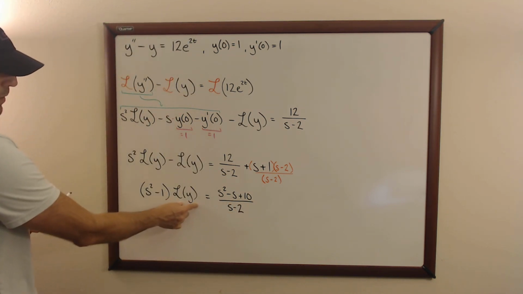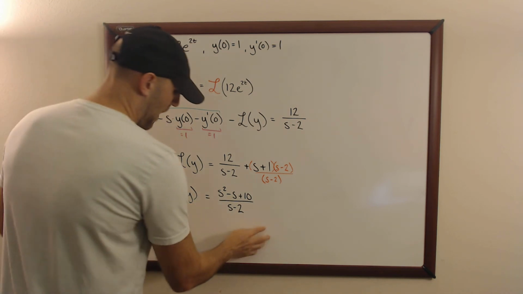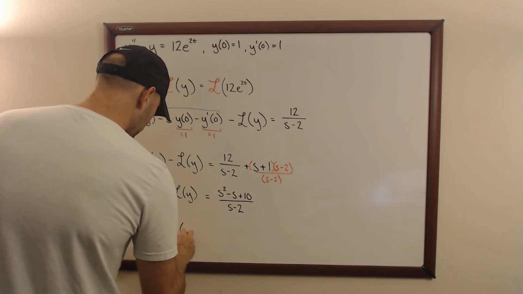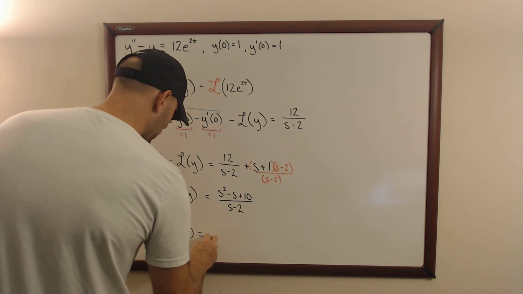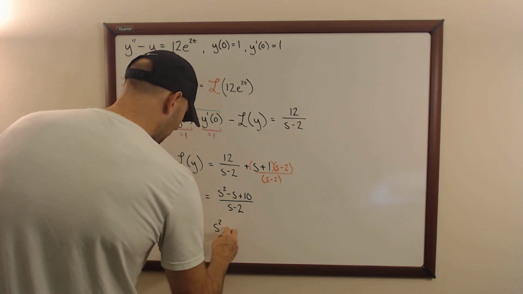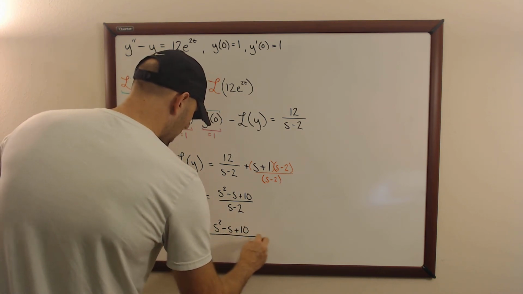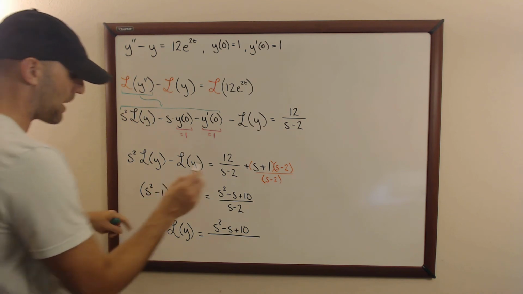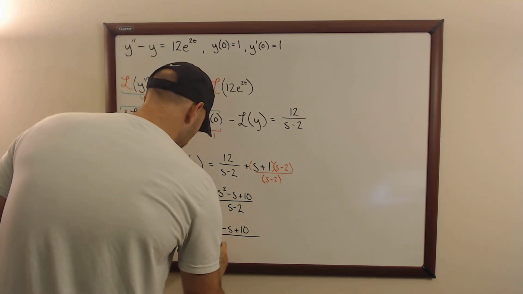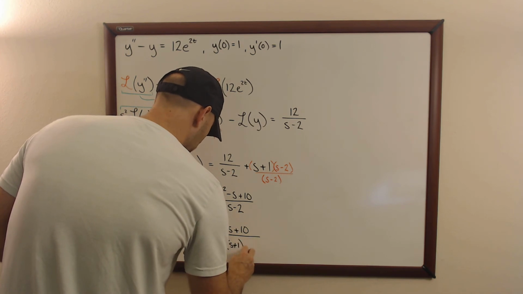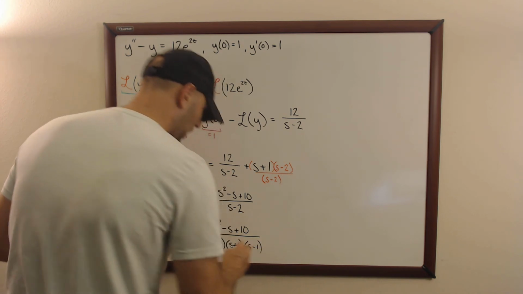Clearly, I can solve for Laplace transform of y by just dividing over these factors here, and I'm going to write Laplace transform of y is equal to, I now have s squared minus s plus 10. Now I'm going to factor this s squared minus 1, and instead of writing s squared minus 1, I'm going to write s plus 1, s minus 1, of course.